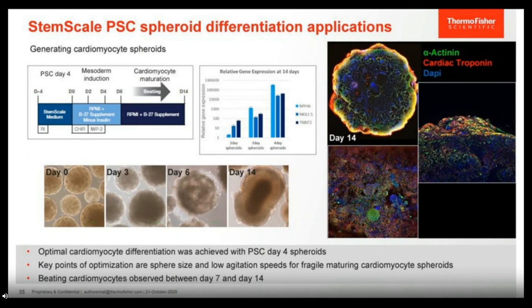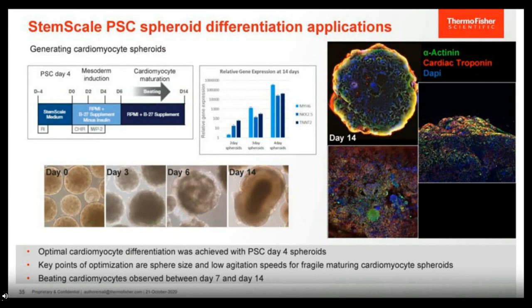Another key point of optimization for this protocol was that it requires lower agitation speeds during maturation, because the cardiomyocyte spheroids become quite fragile during maturation.